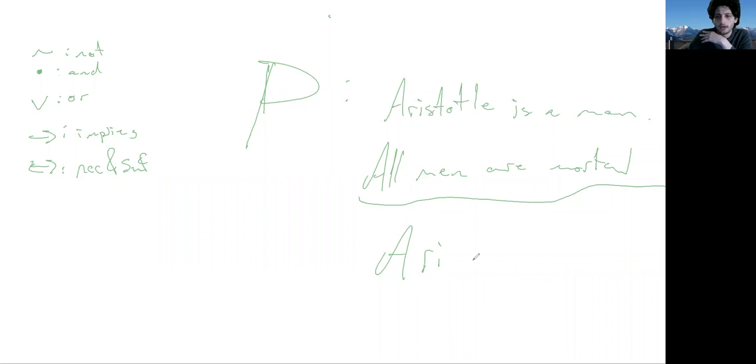Right? All men are mortal, so Aristotle is mortal. So we have these three sentences, and we can all see that these three relate in a very significant way. In fact, these make a valid argument.